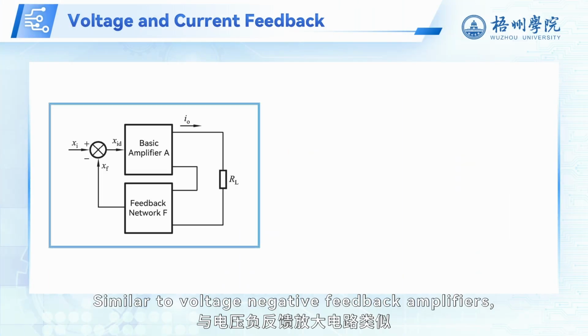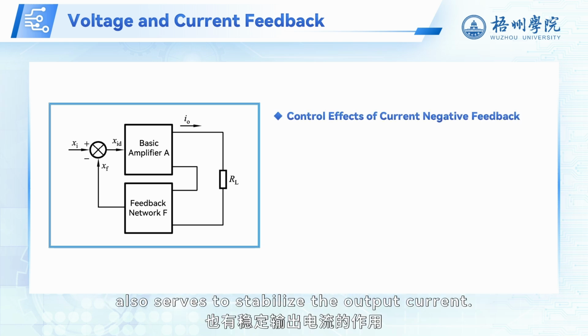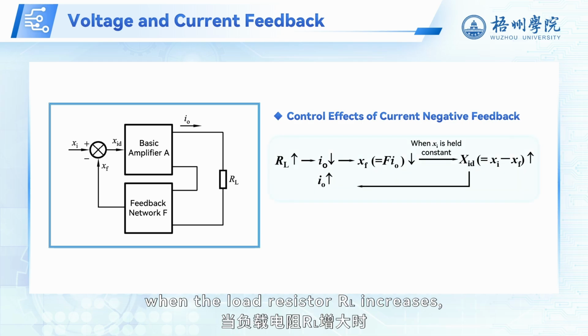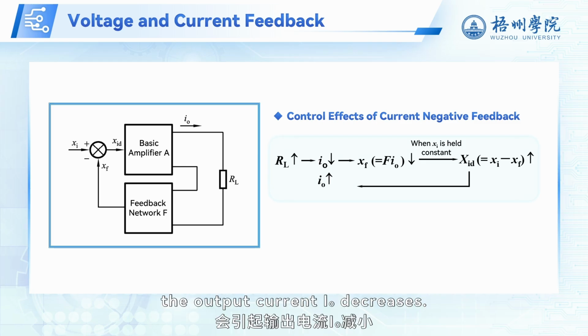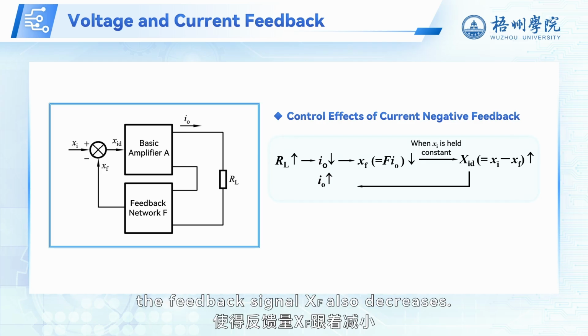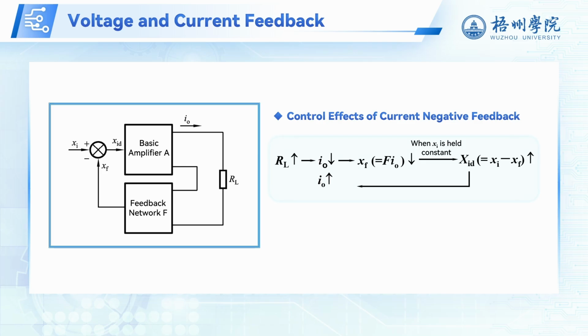Similar to voltage negative feedback amplifiers, current feedback also serves to stabilize the output current. Here's how the regulation works. When the load resistor RL increases, the output current IO decreases. After feedback, the feedback signal XF also decreases.